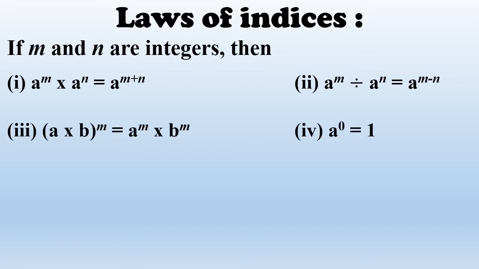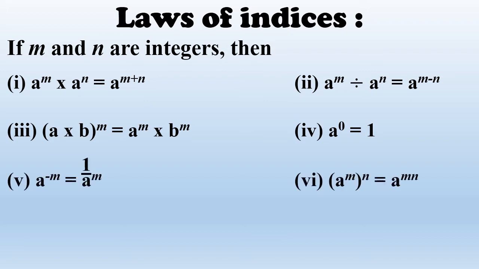The third law, a multiplied by b the whole raised to m is equal to a raised to m multiplied by b raised to m. And a raised to 0 is equal to 1.